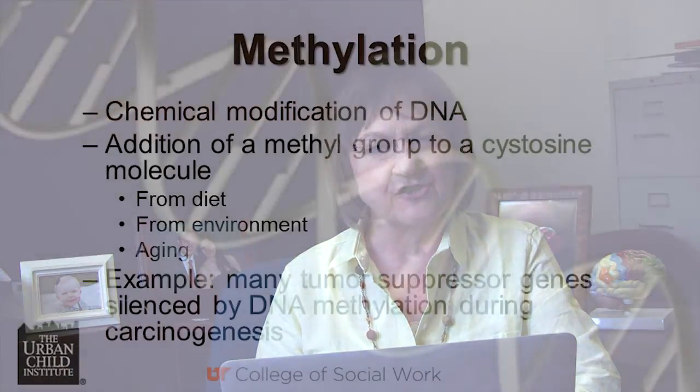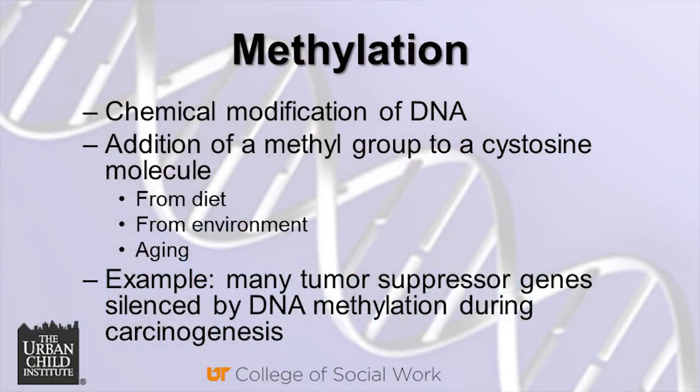One example, for instance, are tumor suppressor genes. We used to think that cancers were all caused by genetic mutations, but as it turns out, sometimes cancer is just caused by an epigenetic influence that turns off or partly disables the expression of tumor suppressor genes.